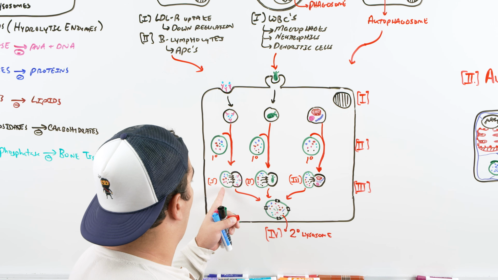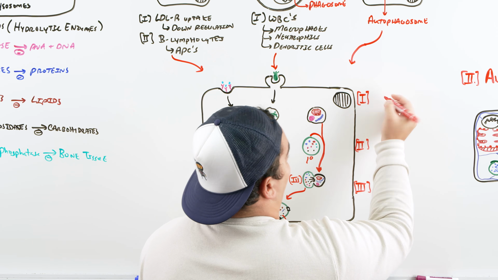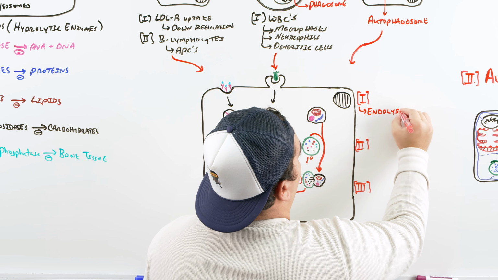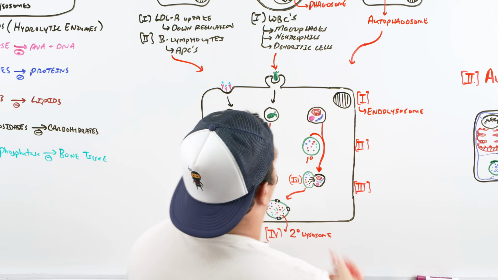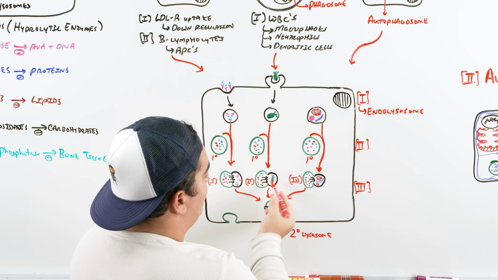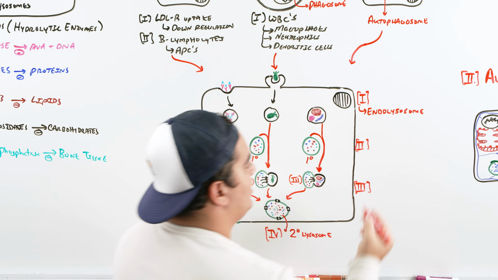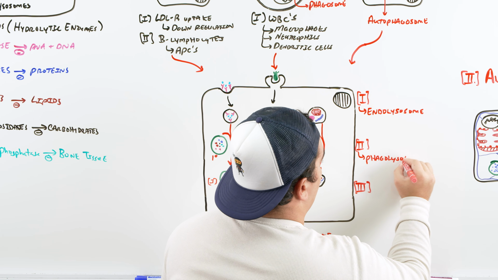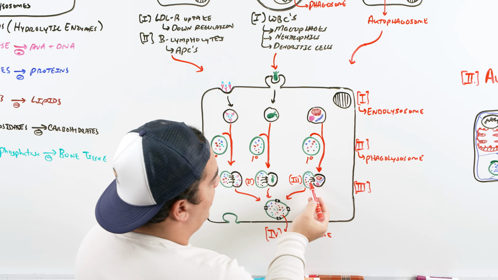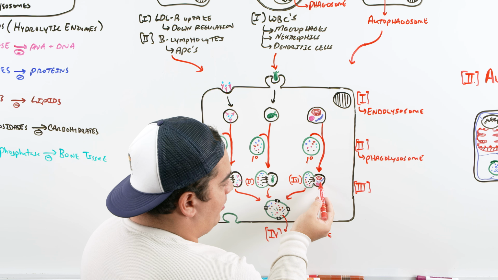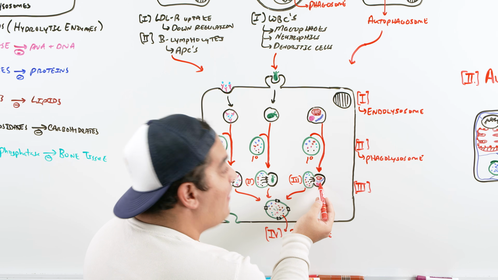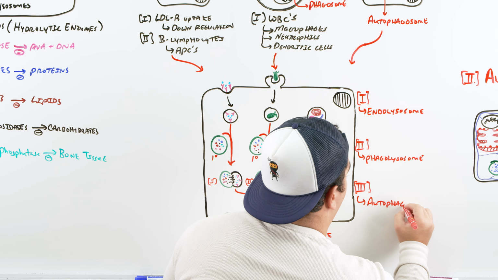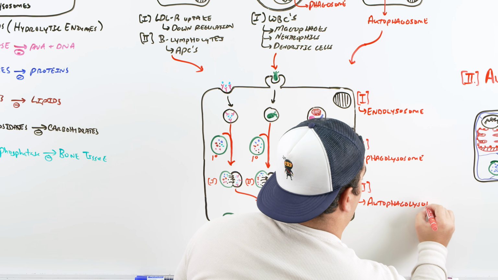This one here, where the endosome and the lysosome fused, is called, believe it or not, an endolysosome. This one here, where the lysosome and the phagosome fuse, is called a phagolysosome. And this last one here, where the lysosome and the autophagosome fuse, is called an autophagolysosome. Not too crazy to understand those particular processes.